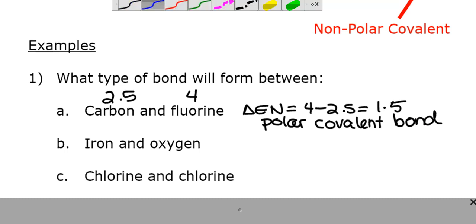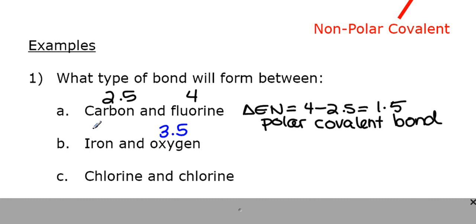Next, let's take a look at iron and oxygen. So oxygen's electronegativity value is 3.5 and iron is 1.8. So here we're going to subtract. And you get 1.7.